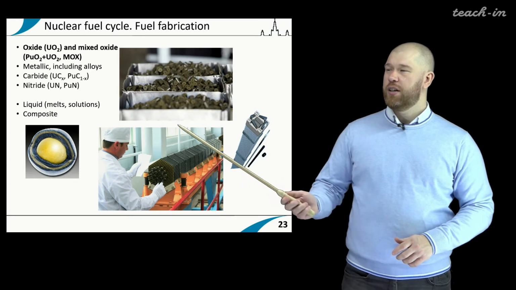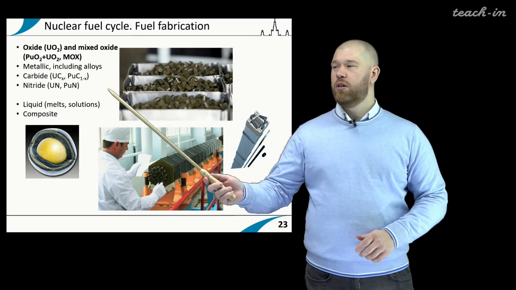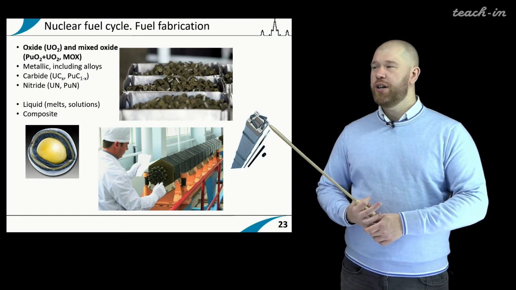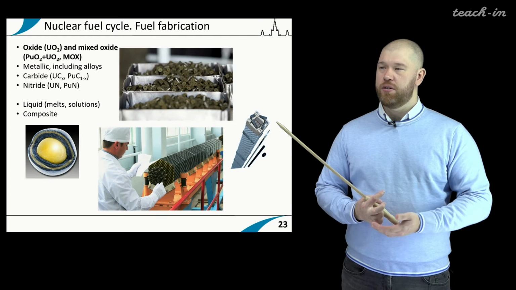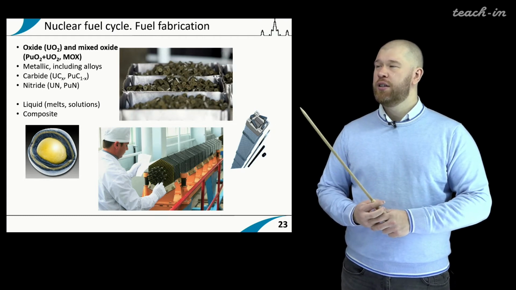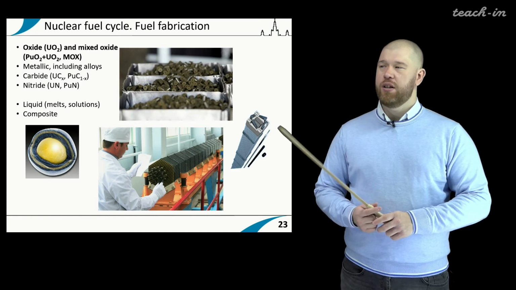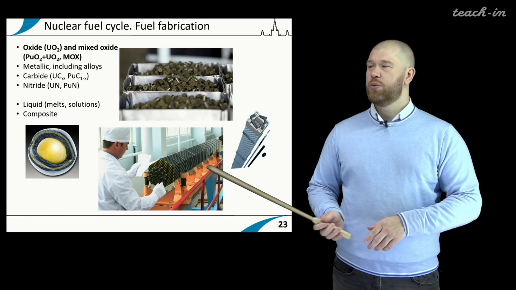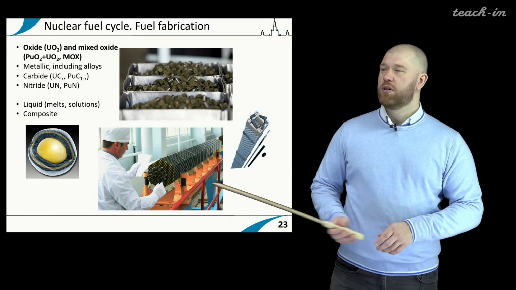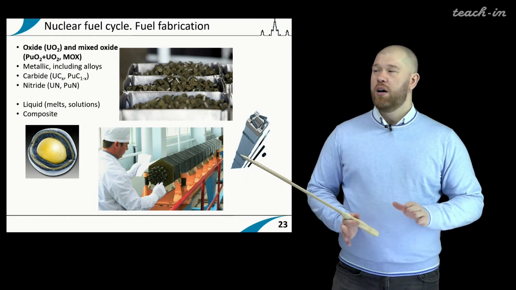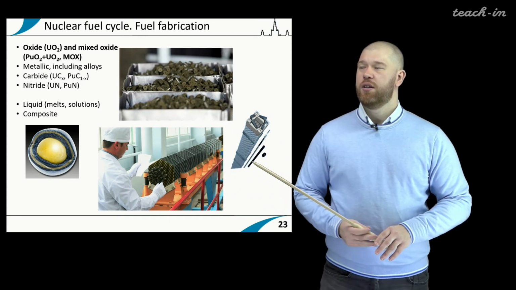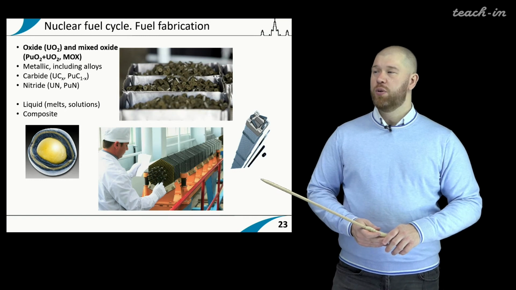There are other kinds of fuel used, for example, in research reactors and some transport reactors, mainly liquid fuel or some composite fuel. But nowadays the main fuel, again, is the oxide fuel.